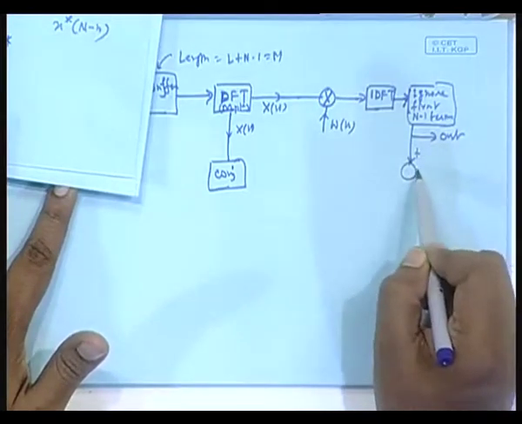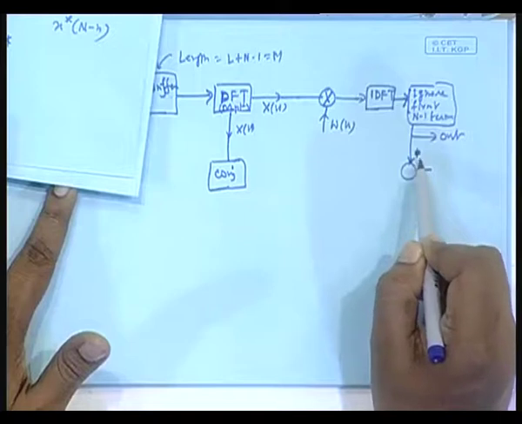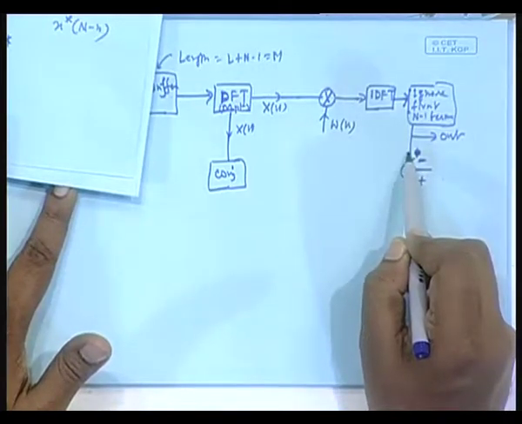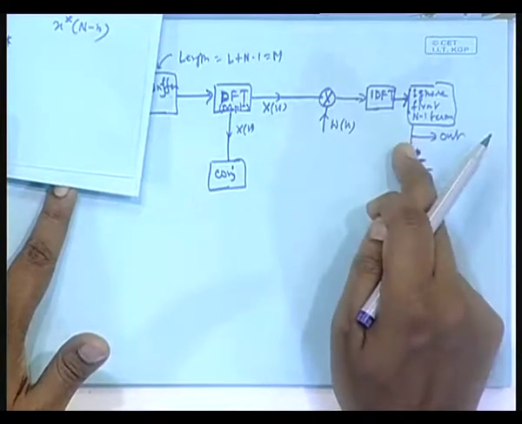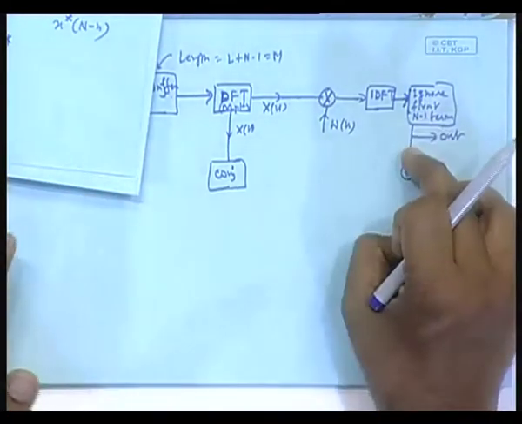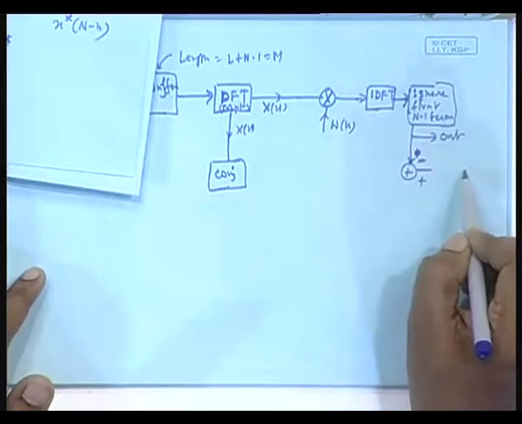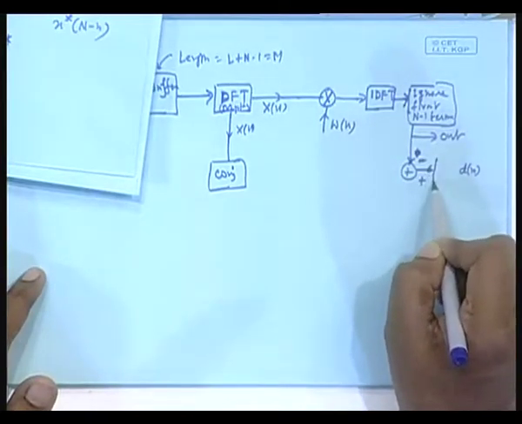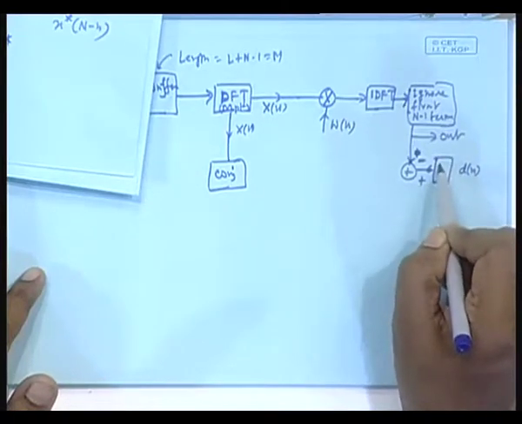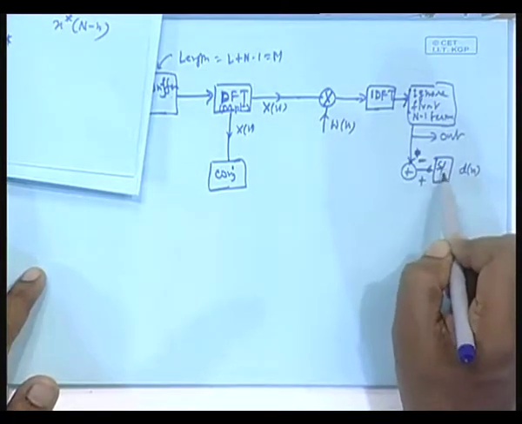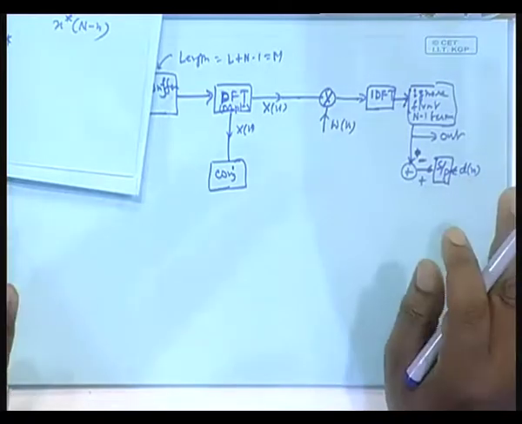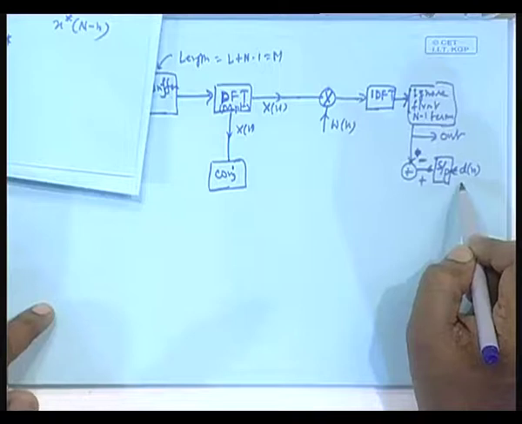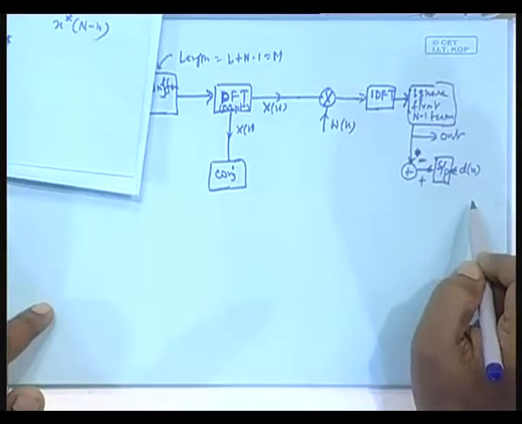Sorry, this is minus, this is plus, dn minus yn, that is the error, isn't it? Yn output is coming in a parallel form, in a total vector. So, dn also, if I write S by P, I only mean buffering, that is d of IL plus 1, d of IL plus 2 dot dot dot d of IL plus L minus 1.